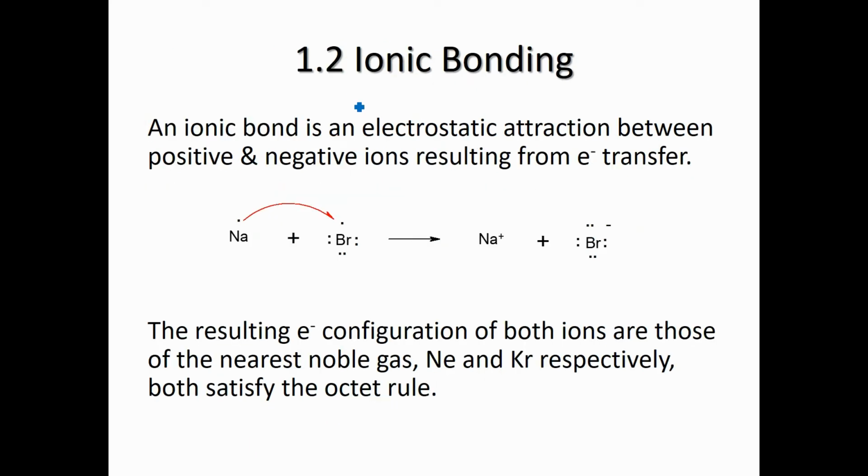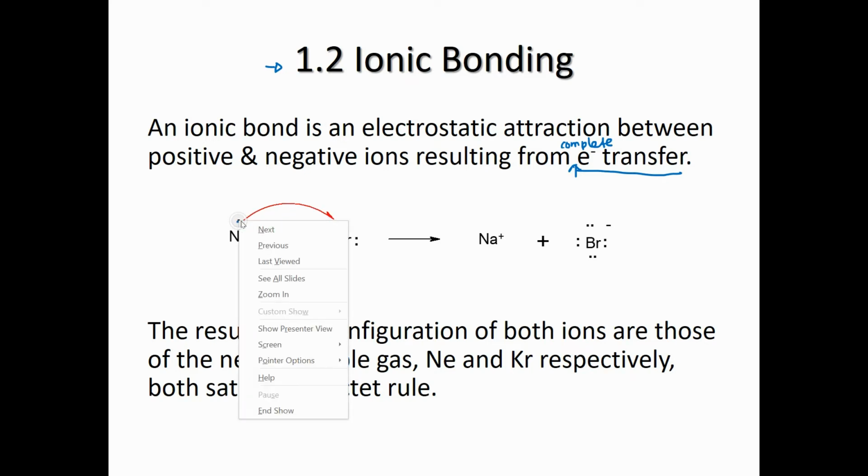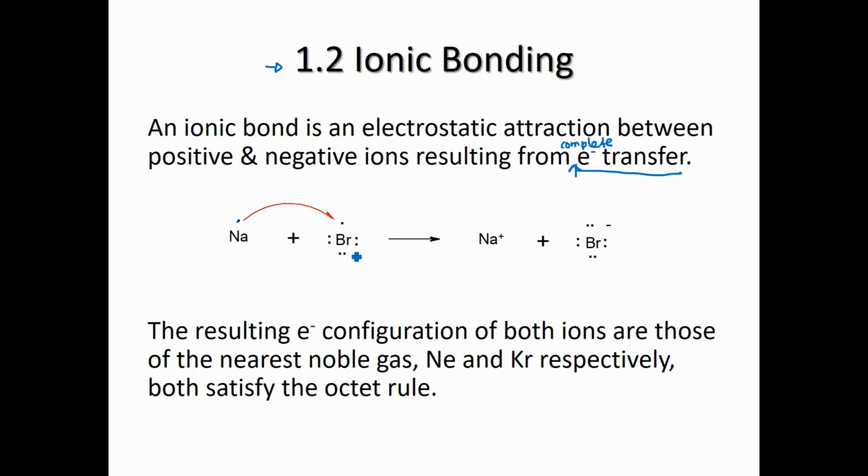Okay, ionic bonding. This is chapter 1, section 2. An ionic bond is an electrostatic attraction between positive and negative ions resulting from complete electron transfer. So like here, there's an arrow showing that this single electron is going to be donated to bromine.